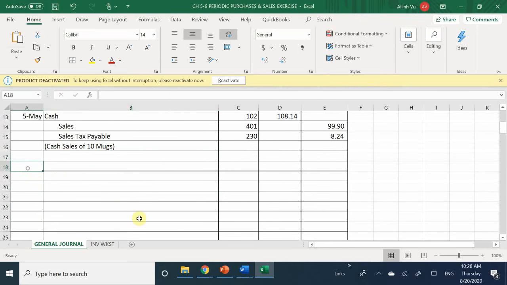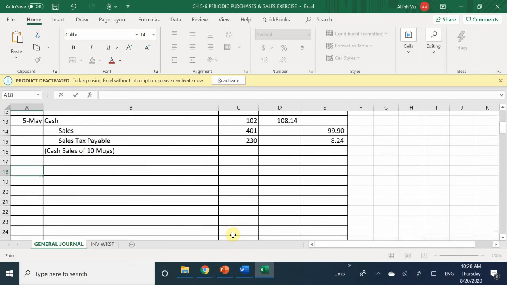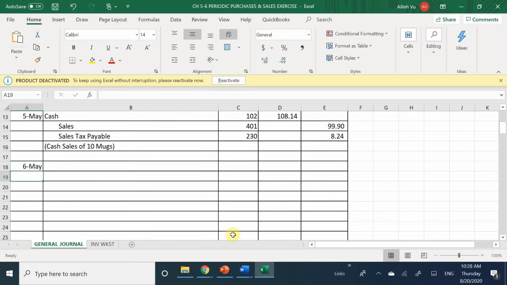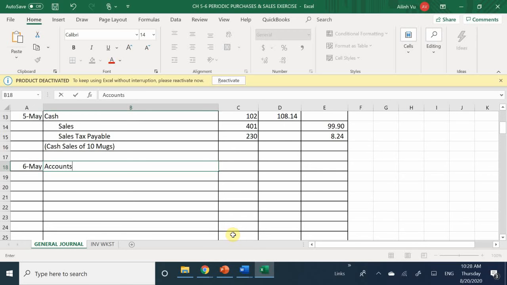Accounts receivable. Yes, so was it the 6th of May? We're going to have an accounts receivable, right? Okay, accounts receivable.